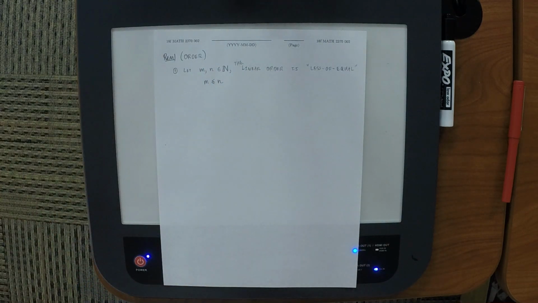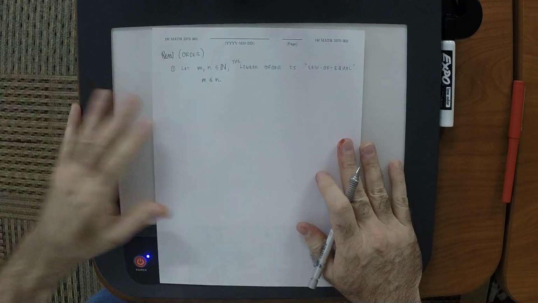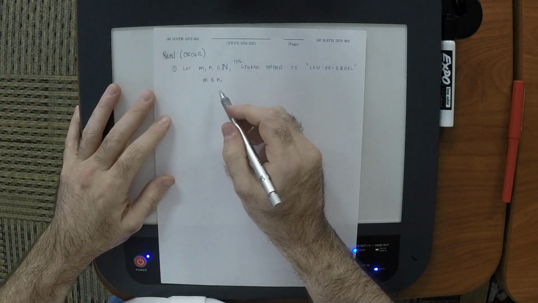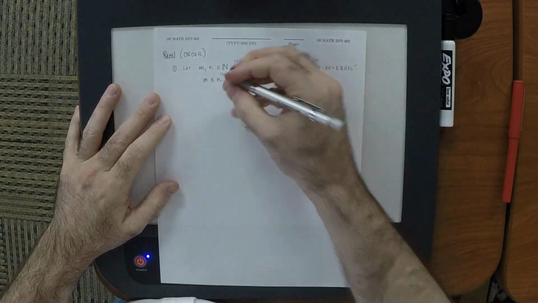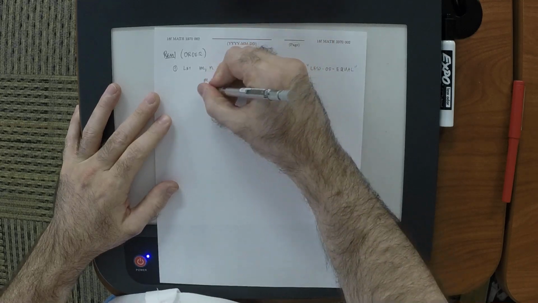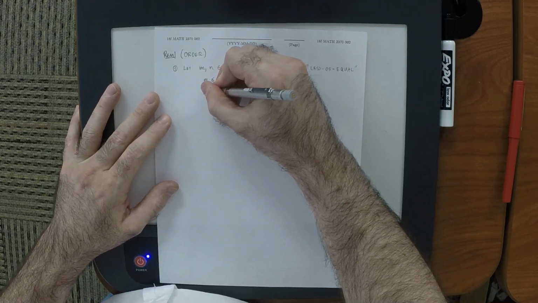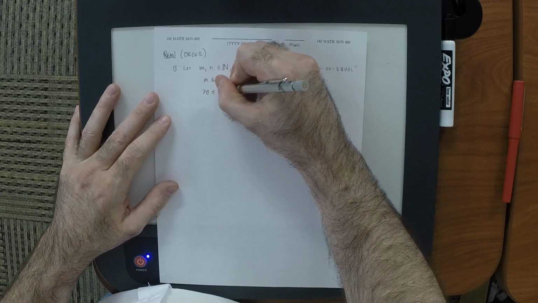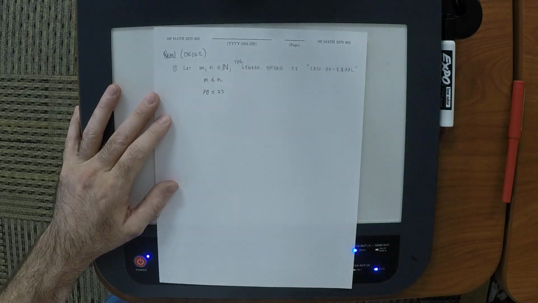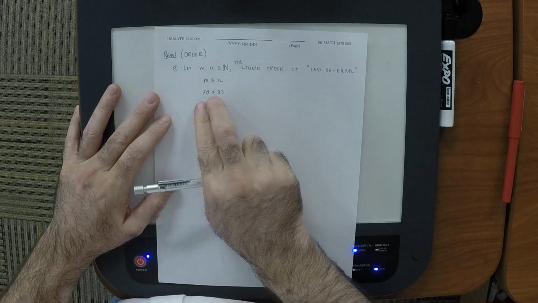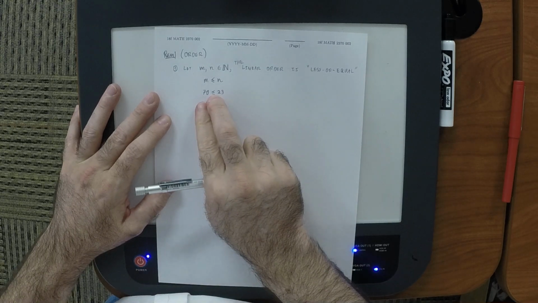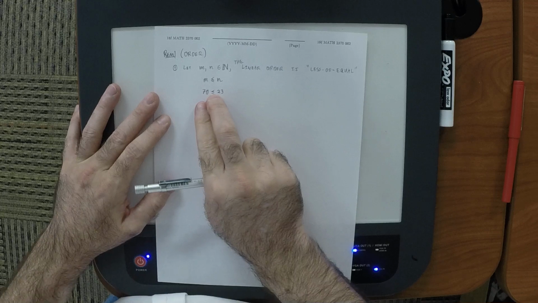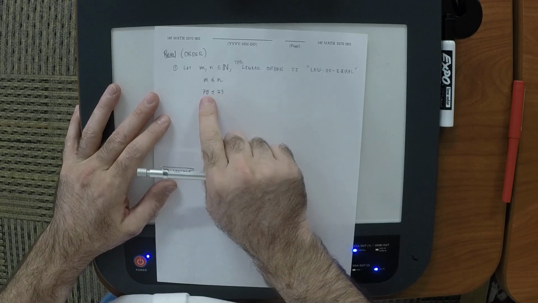And it means exactly what you already know it to mean. Now, I could write, for example, 70 less or equal 23. Is that an inequality? Yeah, it is. It's an inequality.